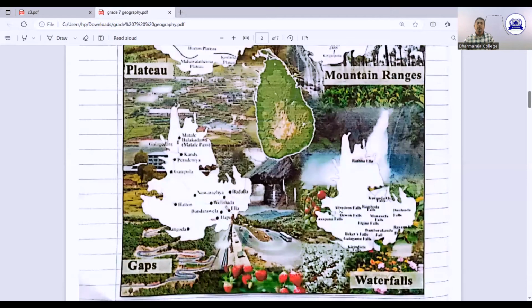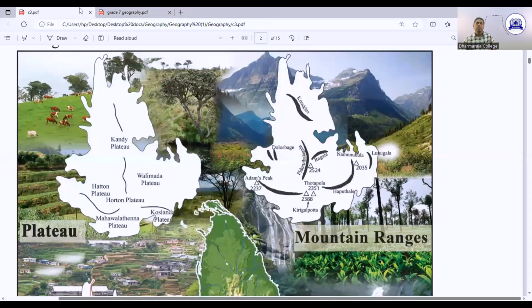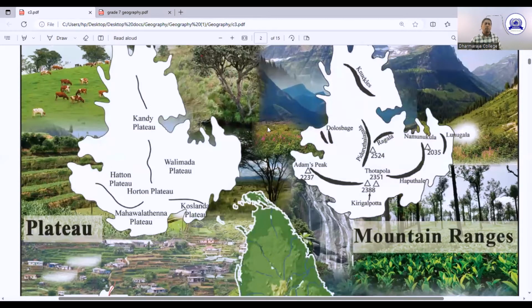Right, okay? Now, my children, we are going to learn those different parts. Now you can see the Kandy Plateau, okay? And you can see the Valimad Plateau, Hatton Plateau, Horton Plateau, Mahawala Plateau, Koslanda Plateau.